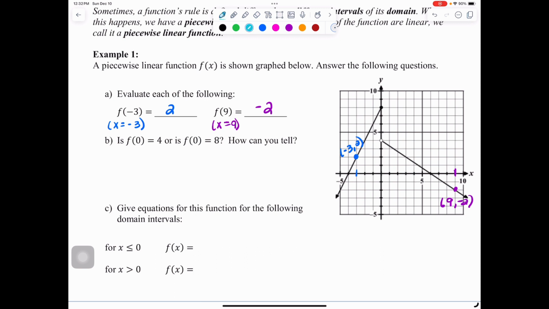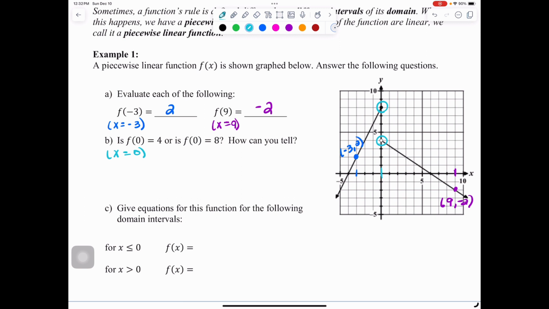In part B, it says, is f of 0 equal to 4? Or is f of 0 equal to 8? And how can you tell? So again, the 0 is in the parentheses, so that means we're dealing with an x value of 0, an input. And when I look at x equals 0, we're looking on the actual y-axis, and there are two coordinates.